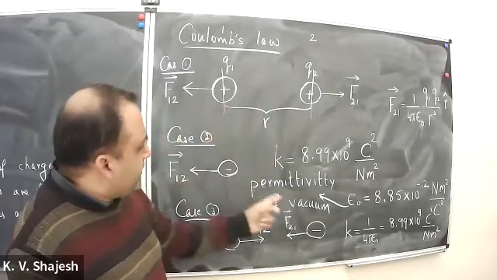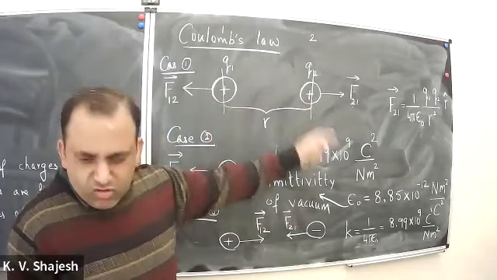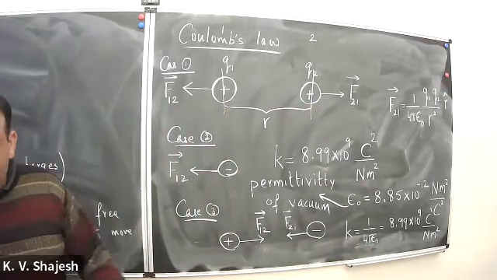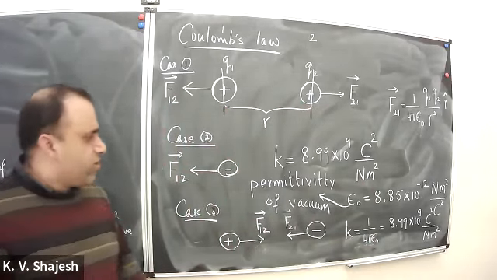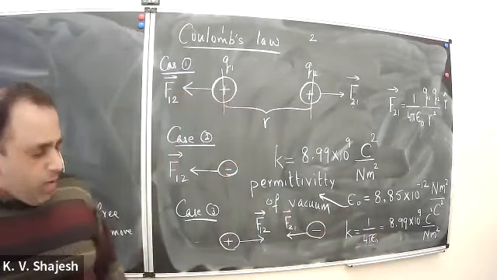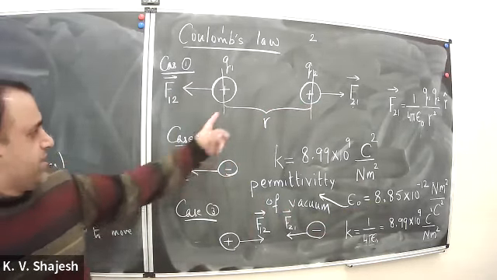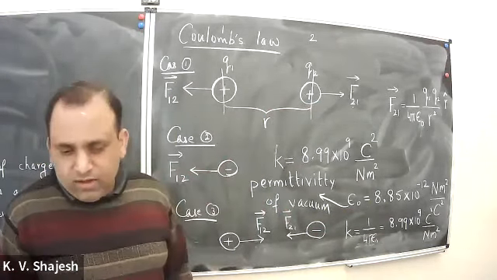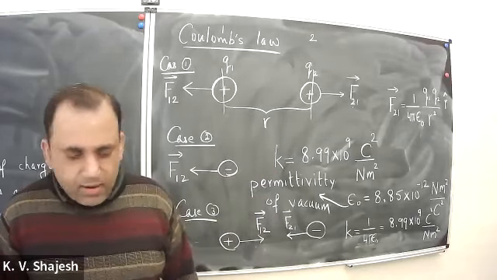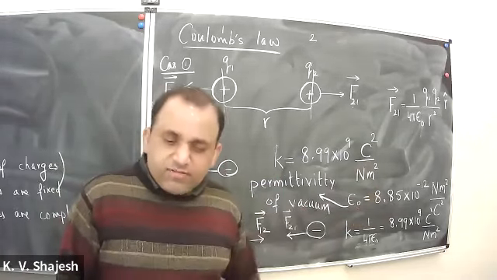What that means is that this is an electric property of the medium between these two charges. We are talking about two charges in air. Air is pretty much like a vacuum, but let's say it is a perfect vacuum, and the vacuum's property is 8.85 into 10 raised to minus 12. If you were to put in any other material, like say plastic or wood or mica sheet, that's typically having a good amount of electrical property in it, then these numbers change and they can be significantly different.